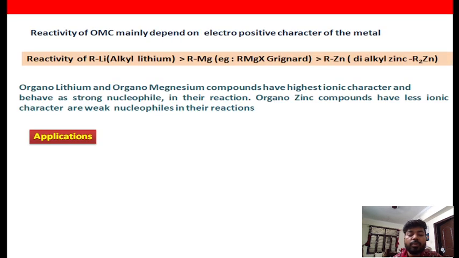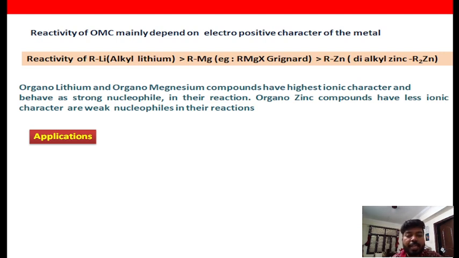Based on this we can propose the reactivity order of the main organometallic compounds. Organolithium has very powerful reactivity, thereafter organomagnesium, then organozinc. Organolithium compounds are alkyl lithiums, an organomagnesium example is RMgX, alkyl magnesium halide, and for organozinc we can give the stable reagent dialkyl zinc.